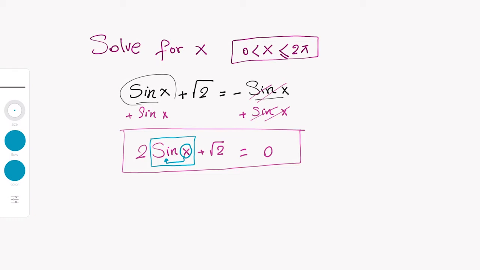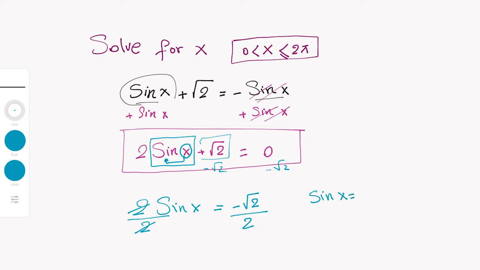So we get rid of this radical 2 by subtracting radical 2 from both sides. Then we have 2 sine of x equal to negative root 2. We divide by 2. Then we have sine of x equal to negative root 2 over 2.